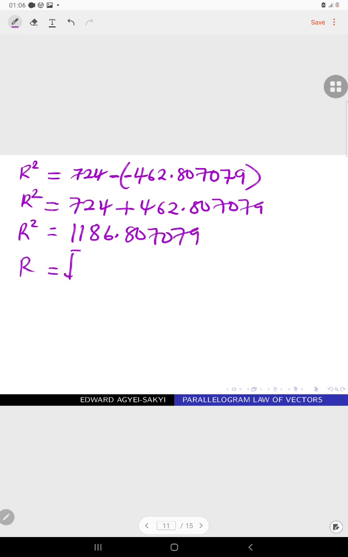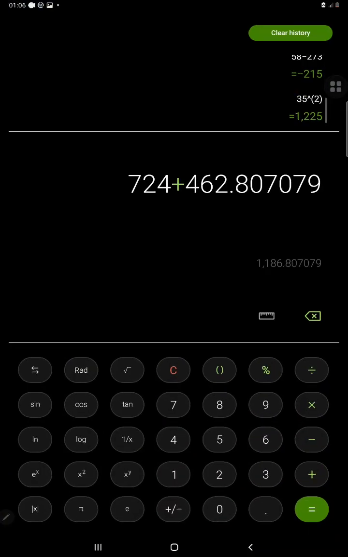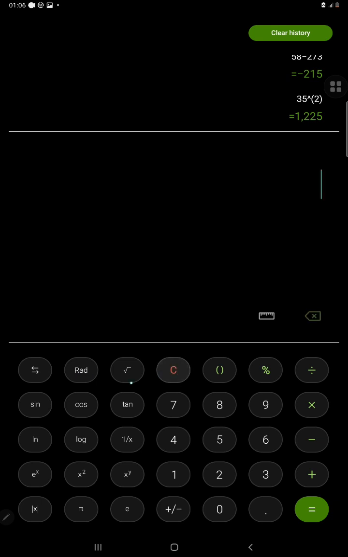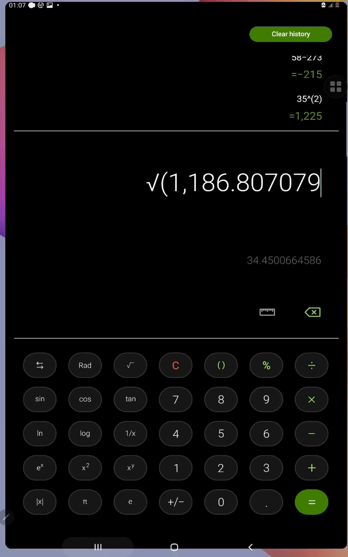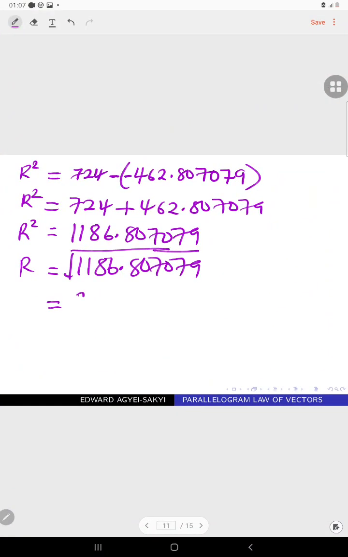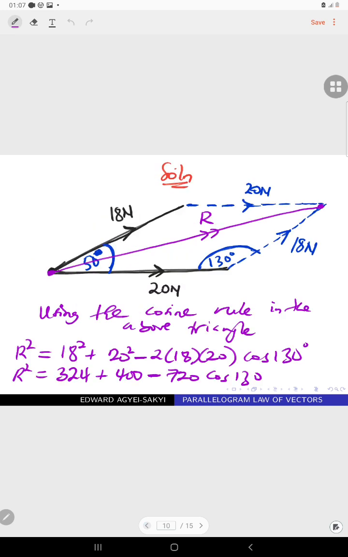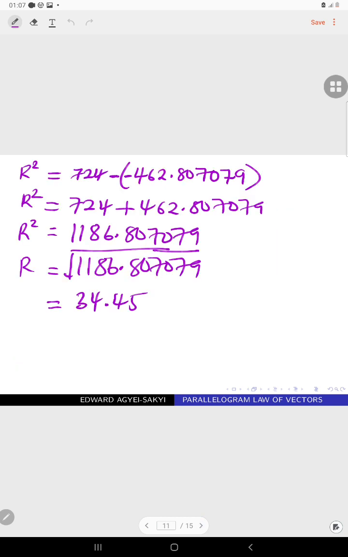So R is going to be the square root of that, and this will give us 34.45, to two decimal places, and our unit is going to be newtons.